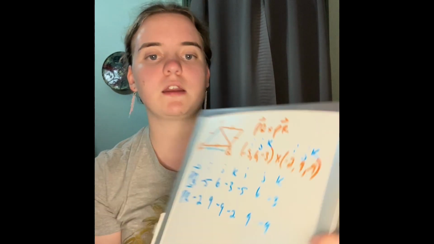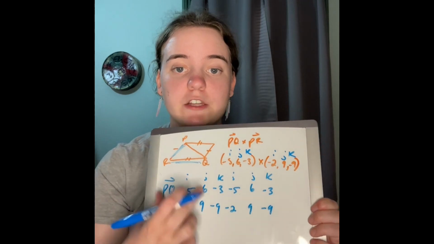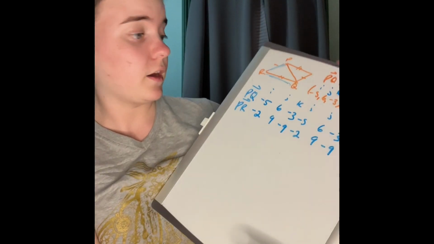K, so -3, -9. I, -5, -2. J, 6, 9. K, -3, -9. And we have them all set up in a row. IJK, IJK. Now, we're going to cross them. Now, for this cross multiplication trick, cross product, actually.